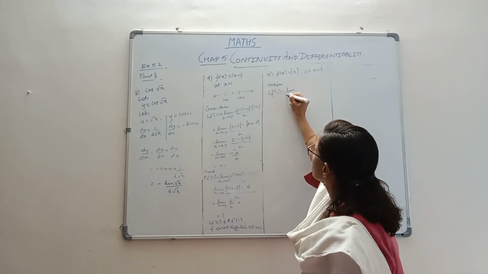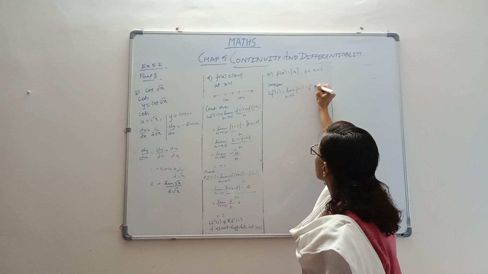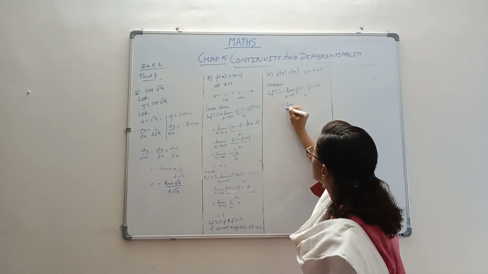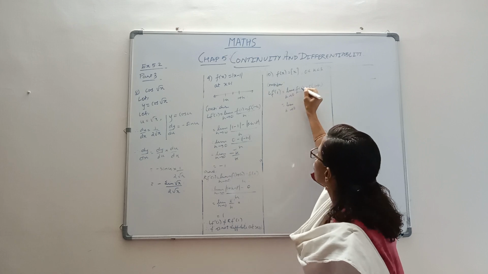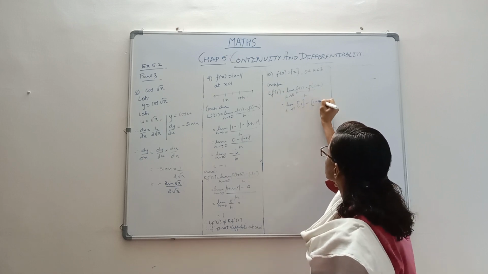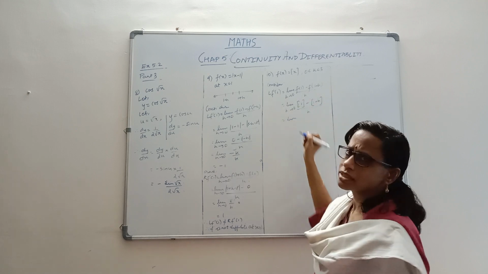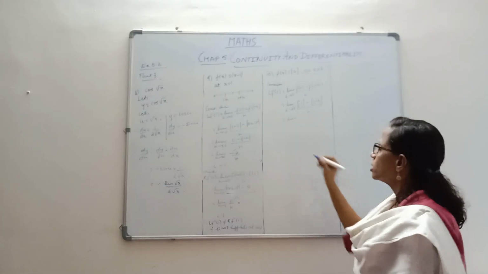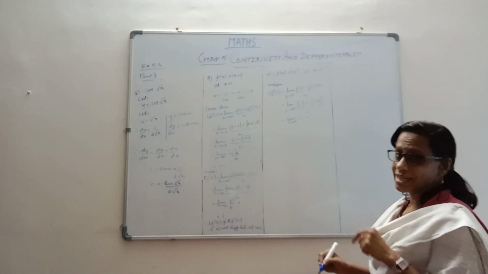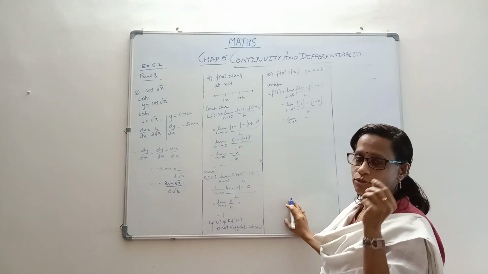That means limit as h goes to 0, f of 1 minus f of 1 minus h, by h. How much does this come to? f of 1 means greatest integer of 1. For every integer, the greatest integer is itself, so for 1 it is going to be 1 itself. Now 1 minus h is a small value, something like 0.98 or 0.99.